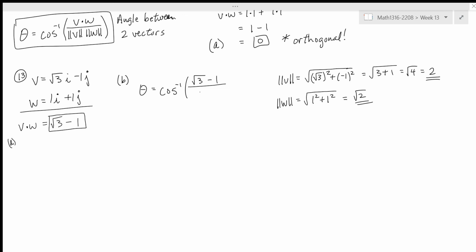Okay, now back to the formula. Magnitude of v, that was 2, times the magnitude of w, that was square root of 2. And at this point, you're going to need to put all of this in your calculator and do the inverse cosine of this fraction.